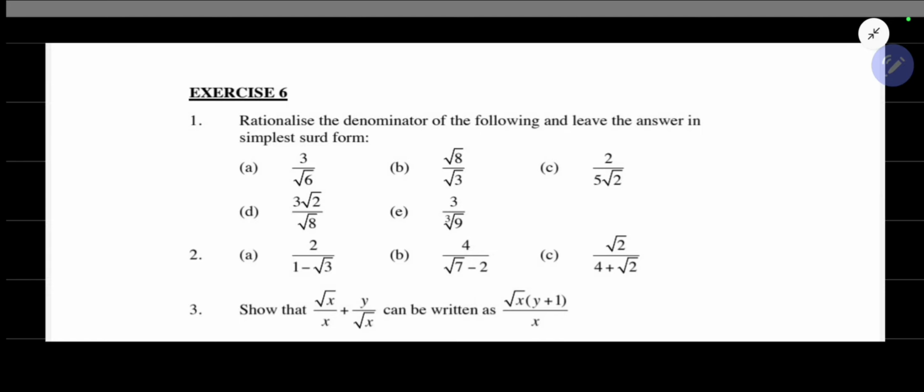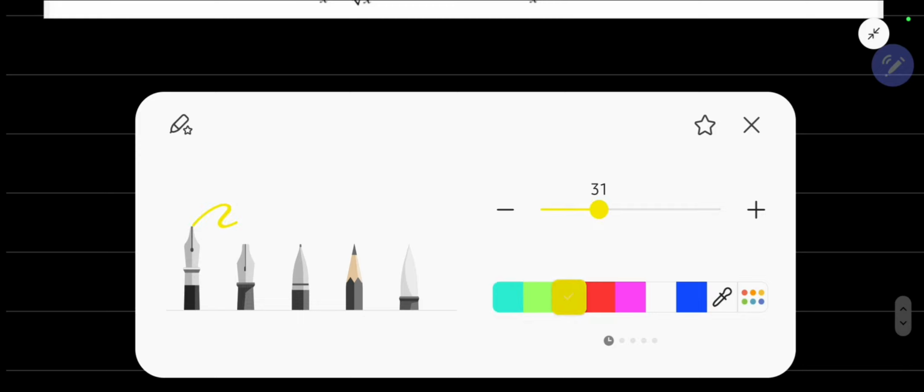This is part 8 of our exponents and surds.